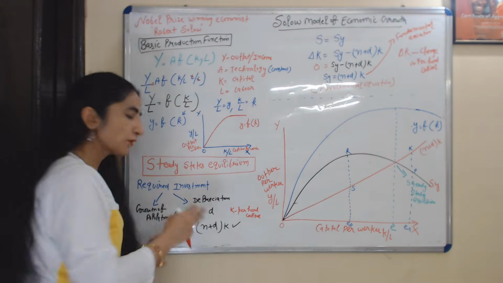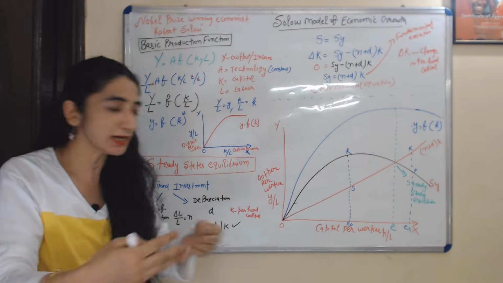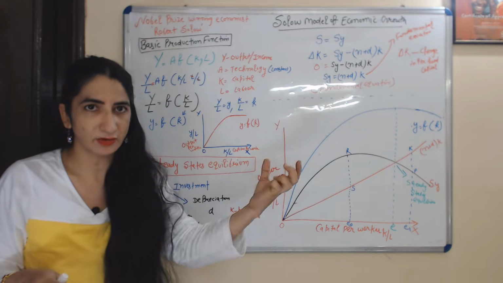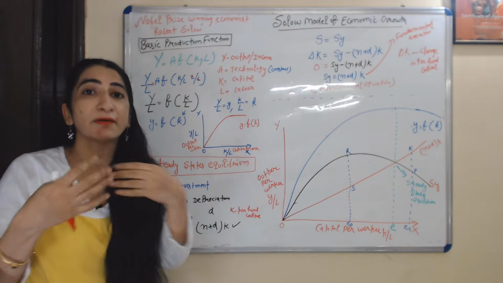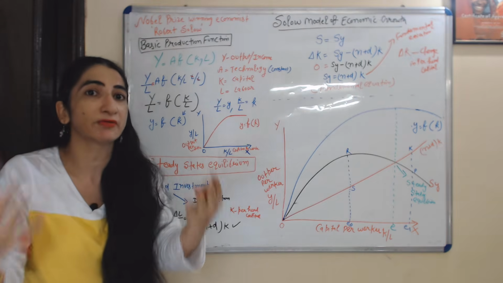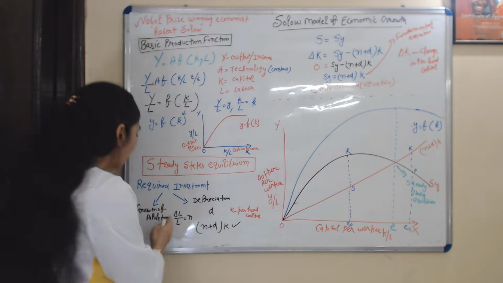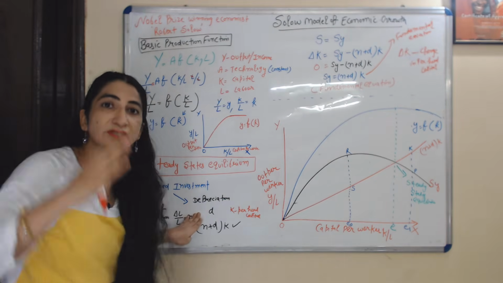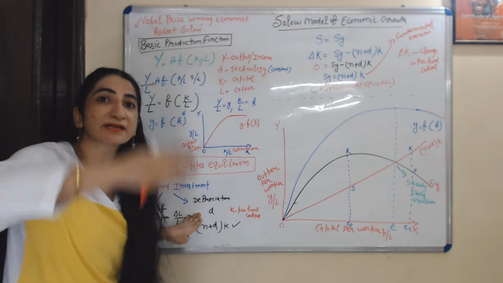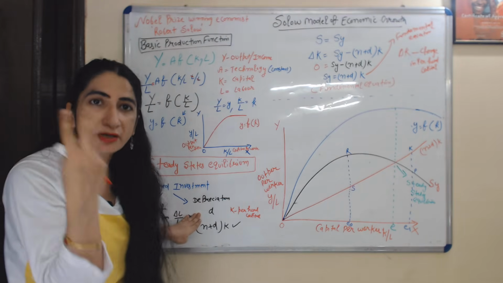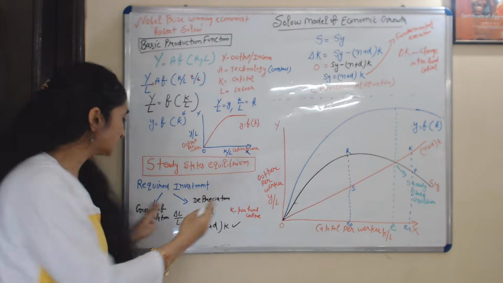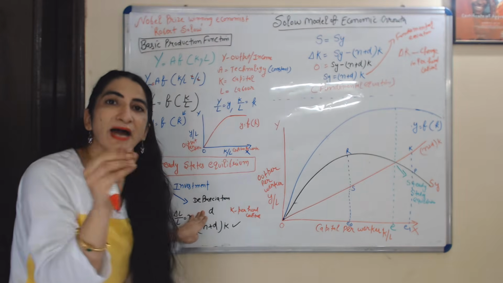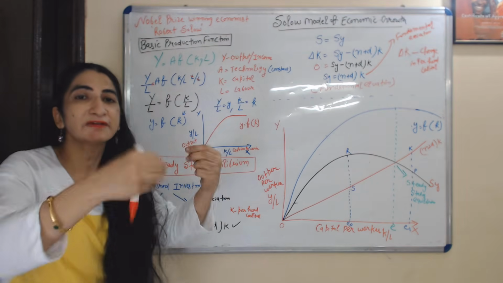Growth of population simply means growth of labor, and depreciation, as we all know, is reduction in the value of an asset. We require investment for two purposes: firstly, to fulfill the needs of the growing population, and secondly, to replace the assets whose value has been reduced.